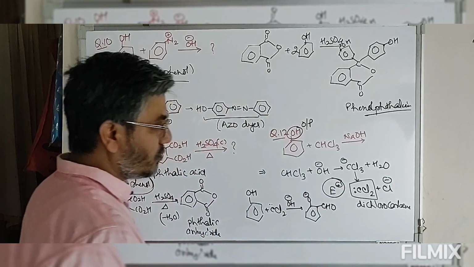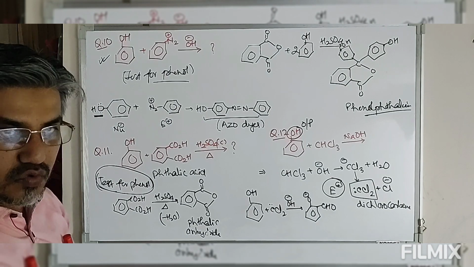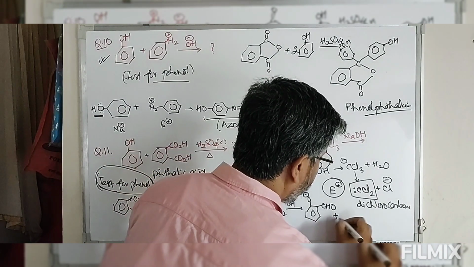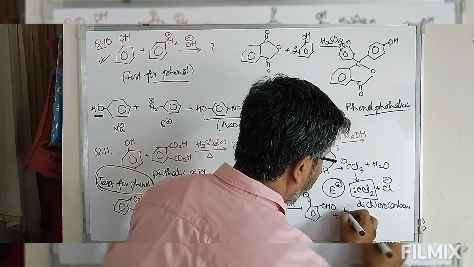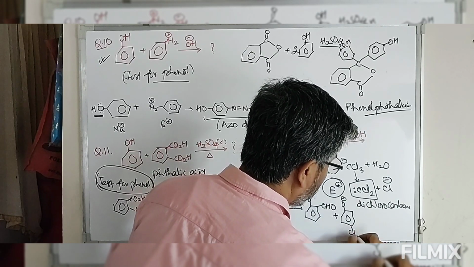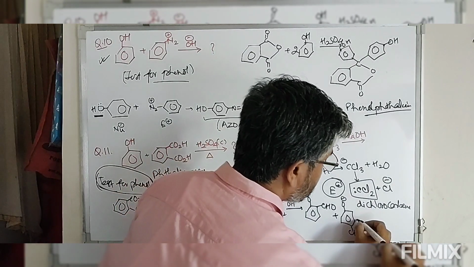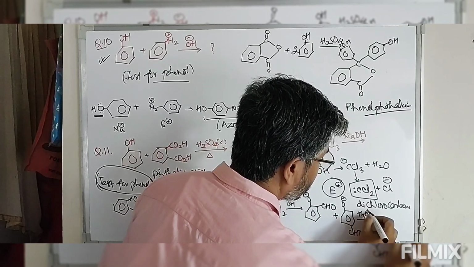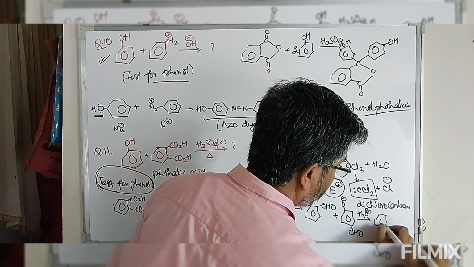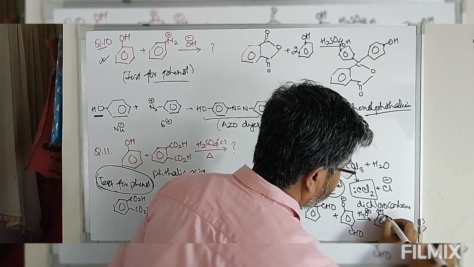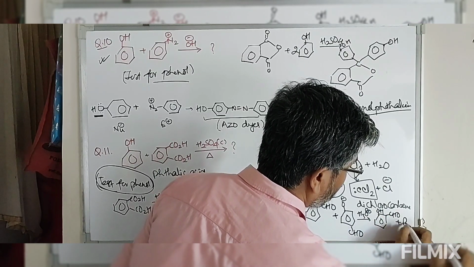A formyl group is introduced at ortho position and the para position. That is formylation at ortho and para. Now this on acidification gives you the phenolic compound. So we have the CHO compound plus the para isomer.